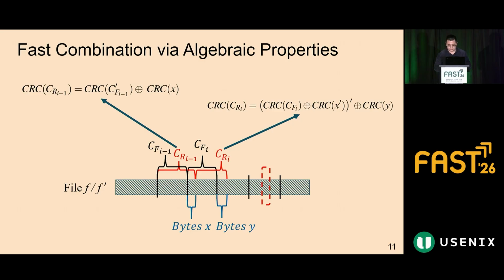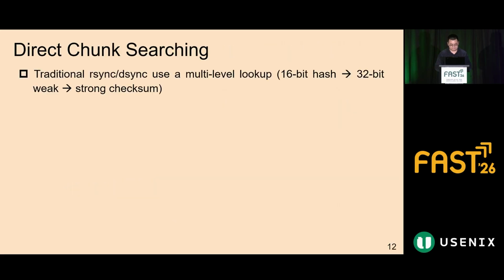Finally, we merge these combined checksums together using simple XOR operations. This mathematical combination completely skips the process of sequentially reading and recalculating the majority of the raw file bytes.